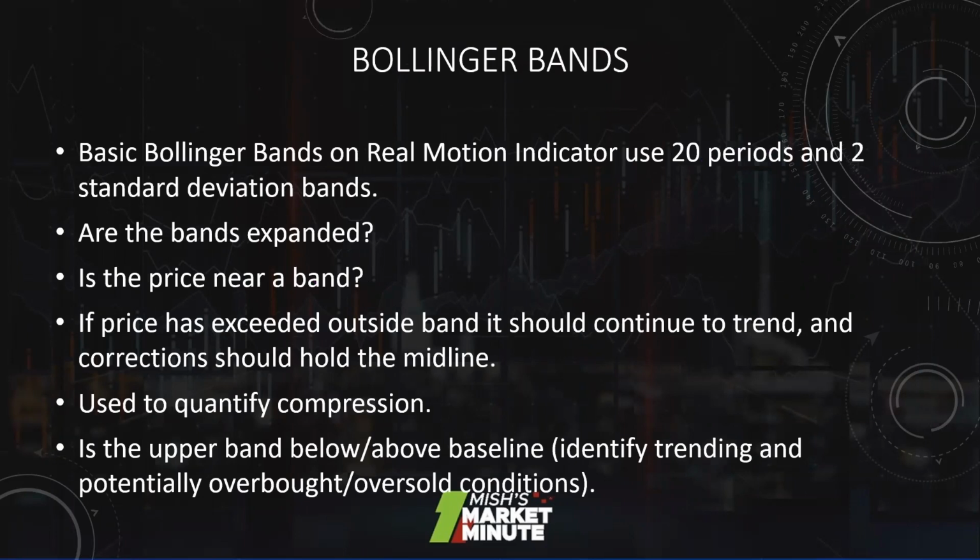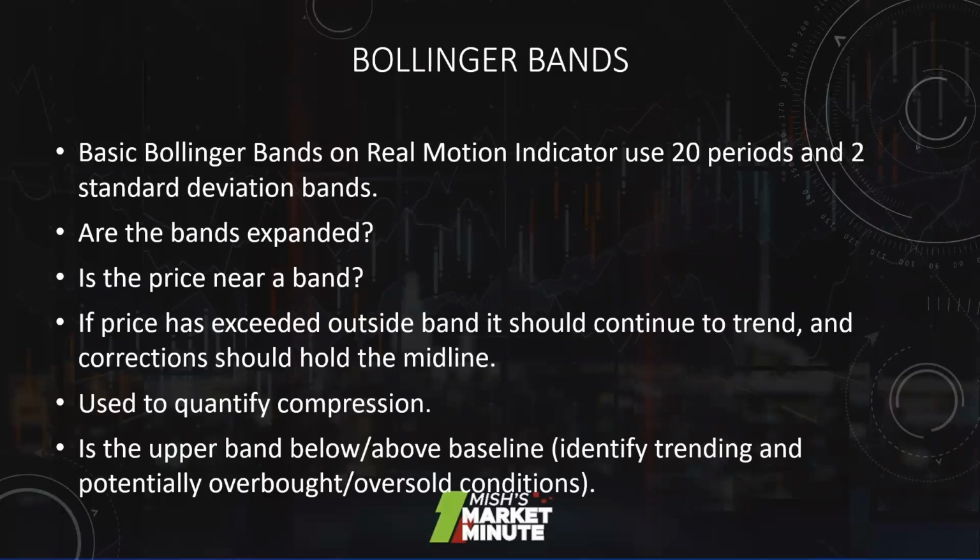Now, in terms of the Bollinger Bands, we set them up on both the real motion and the price chart. And what we're doing is we're looking for real extremes. So on the Bollinger Bands, the way we have them set is we're using 20 periods and 2 standard deviations. That's our core settings.